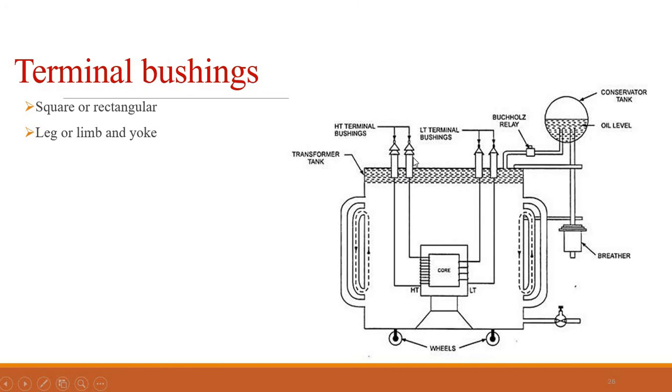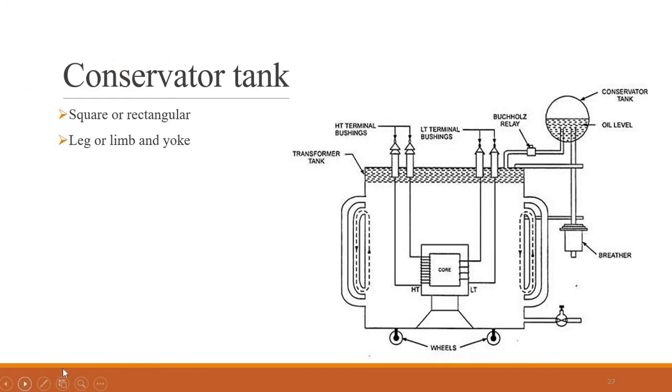Bushings are made up of insulating material. Porcelain bushings are there, and at the center there is a conducting rod. That rod is insulated by means of this insulating material. Ceramic insulation may be there.